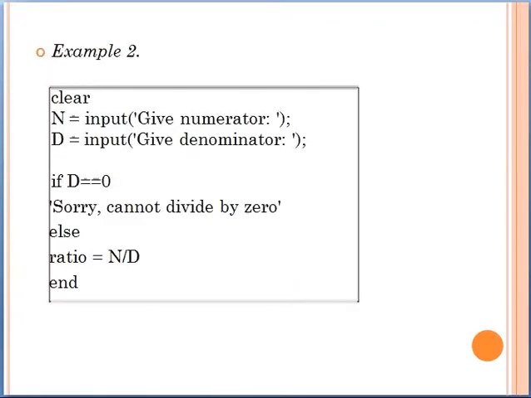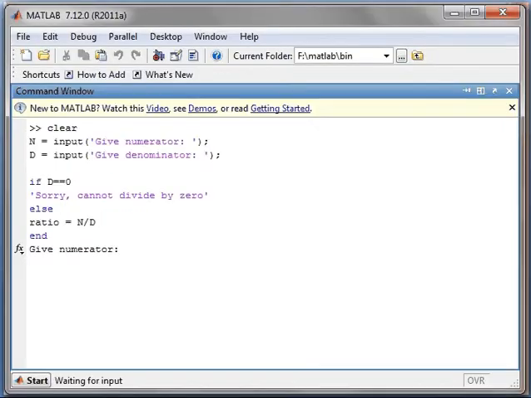Now example 2. In this example, I am taking numerator and denominator as input from the user and giving the ratio as the output. Let's see it on the MATLAB screen. Here I have typed the program for it.